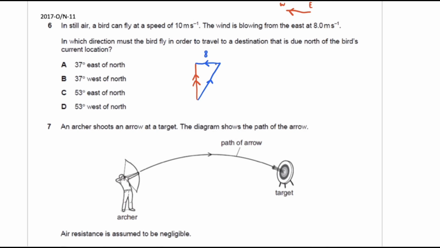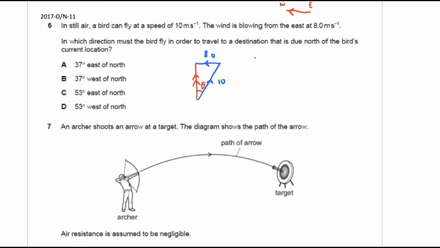So this is 8.0. This is the speed of the bird, 10 meters per second. Okay. Now they are looking for the direction, theta, that means the direction the bird flies.